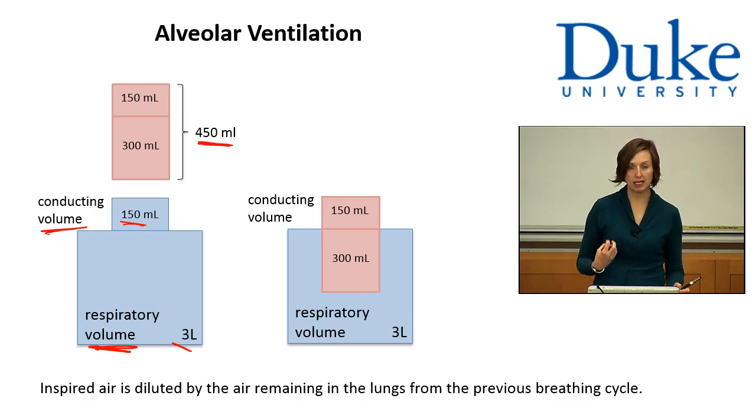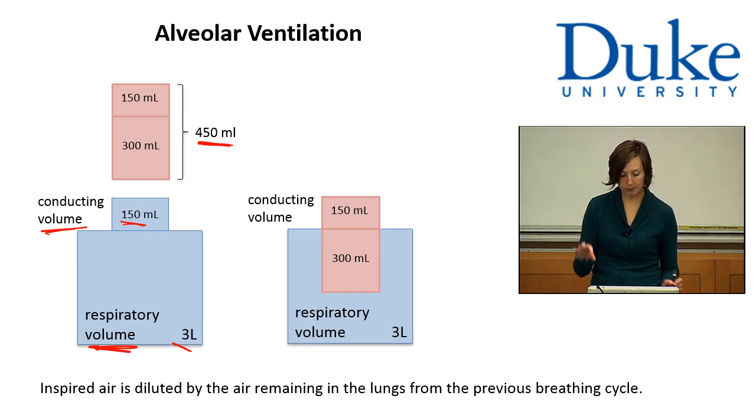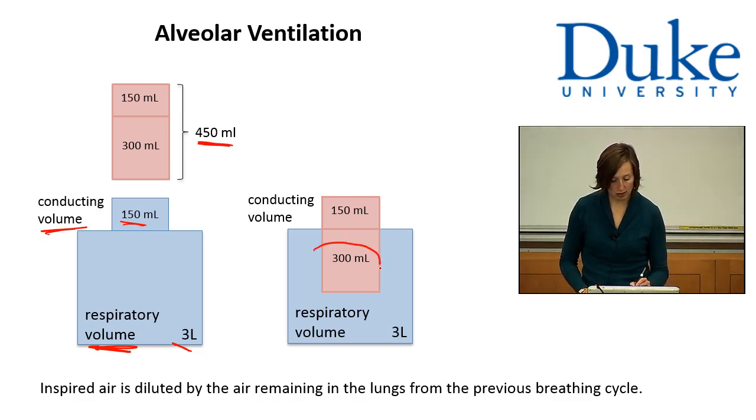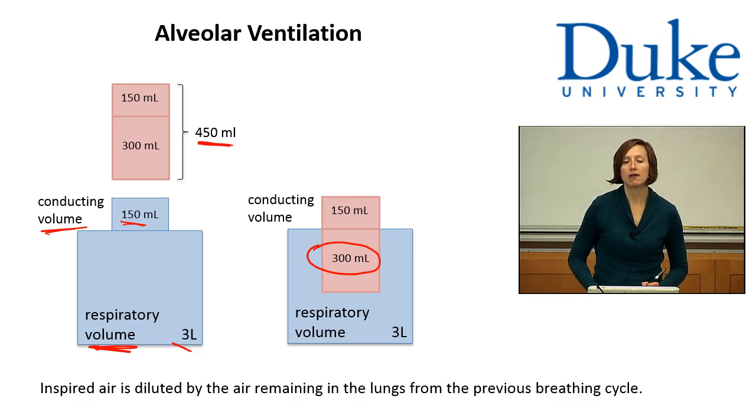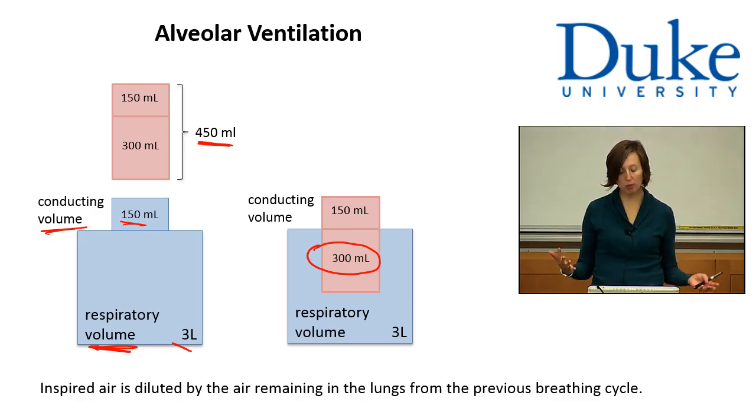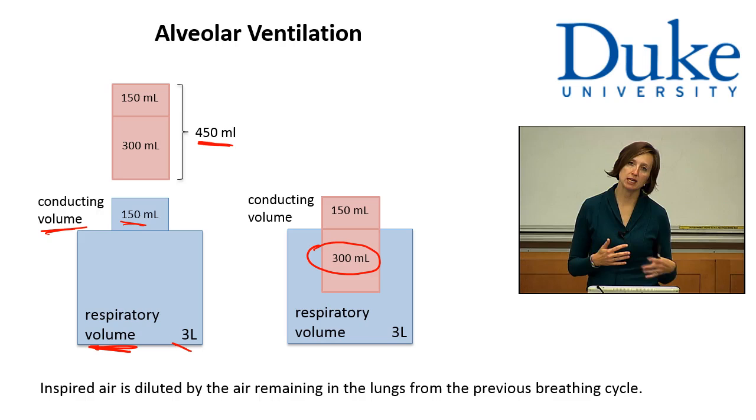We're going to bring that into the respiratory system, and the last 150 mils, however, is going to fill the conducting volume, which means that only 300 mils of that 450 is actually reaching the respiratory portion that can actually exchange with the blood. So by taking in a normal breath, we have only replaced about 10% of the air in our lung.